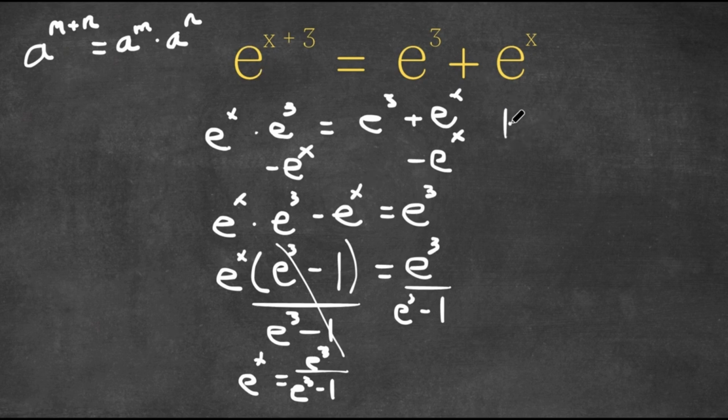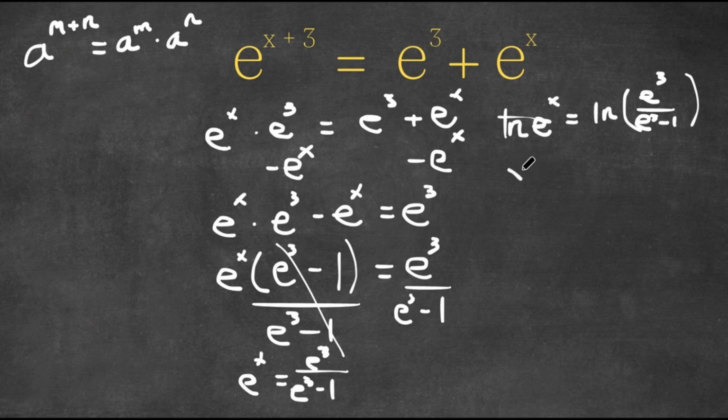So if I take ln on both sides, I get ln e to the power of x is equal to ln of e to the power of 3 over e to the power of 3 minus 1. And if we take the ln of e, these two would cancel out, and we would simply be left with our exponent, which in this case is x.